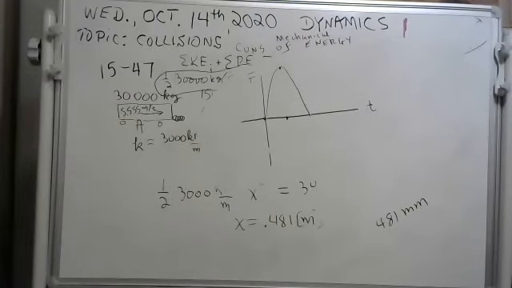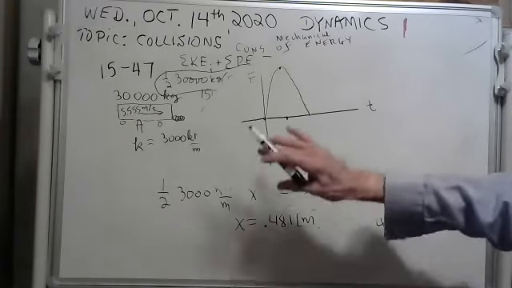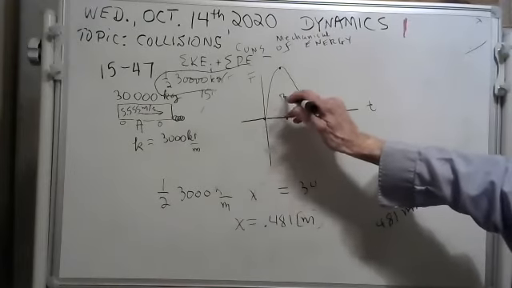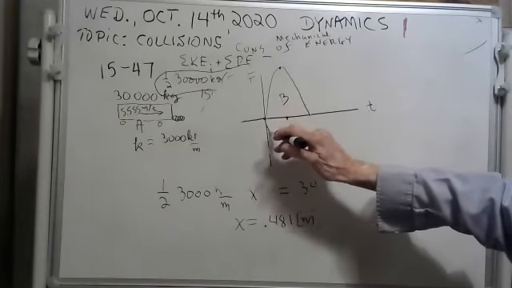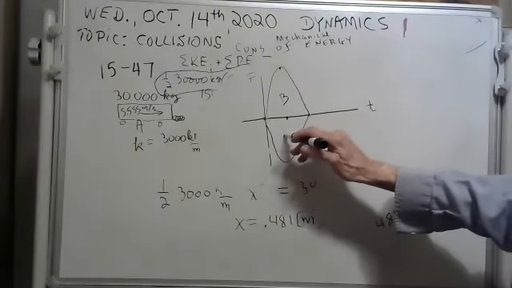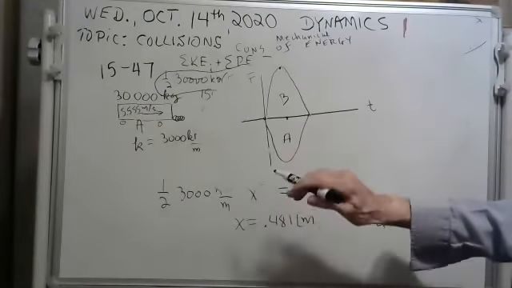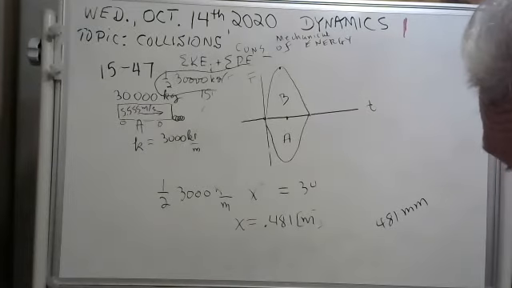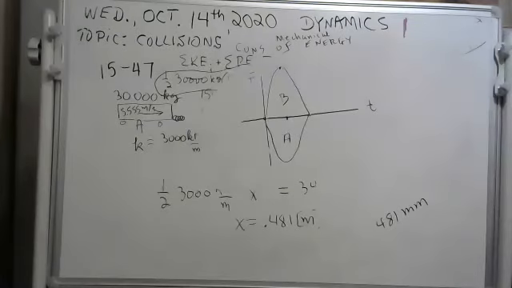And if you wanted to find the force involved between these cars, because of the symmetry, this would be the force on car B, and this would be the force on car A. It's equal and opposite at any moment, because the forces are equal and opposite.